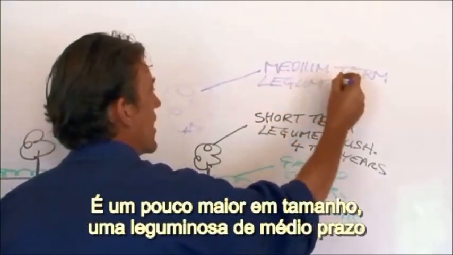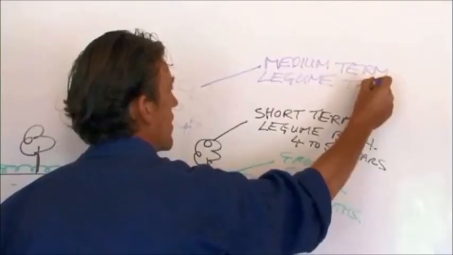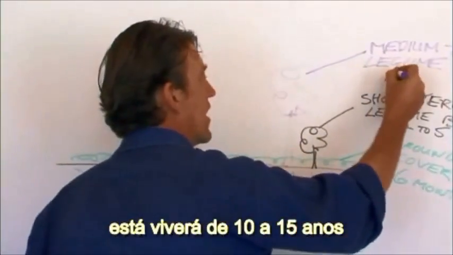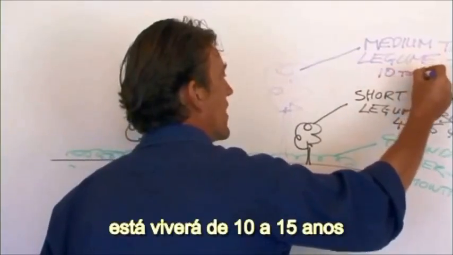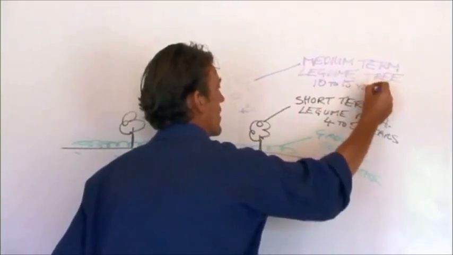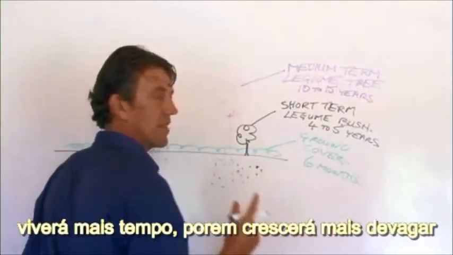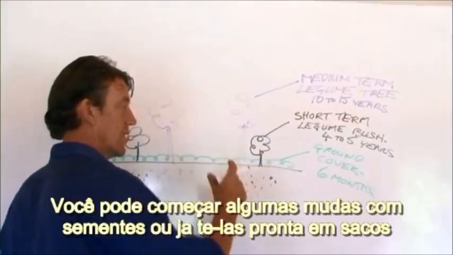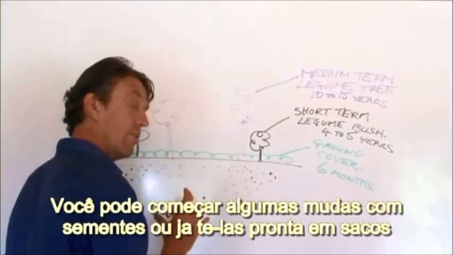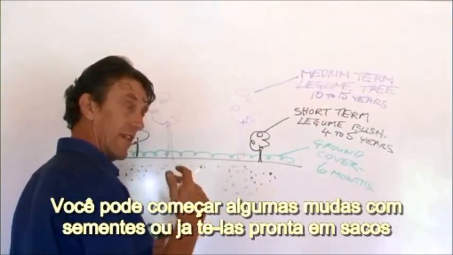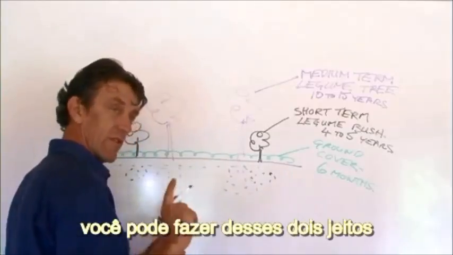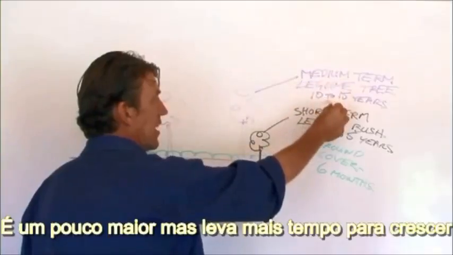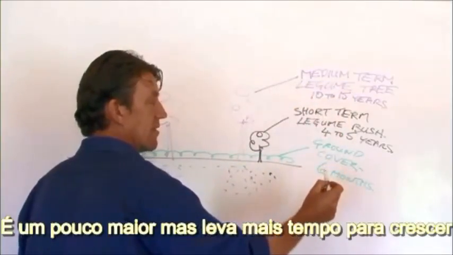But this one's going to live for 10 to 15 years. It lives longer, it grows a little bit slower, it can grow from seed. You can put some in by seed, and you can put some in pots already started. You can go both ways.